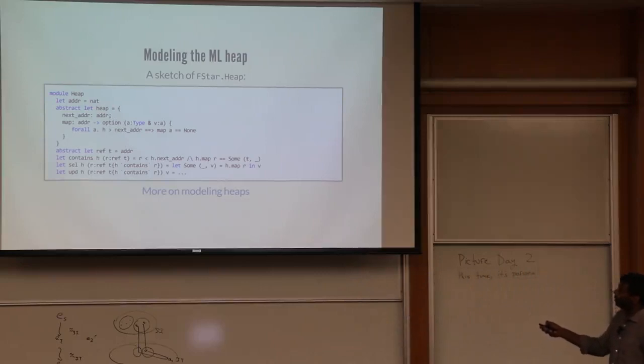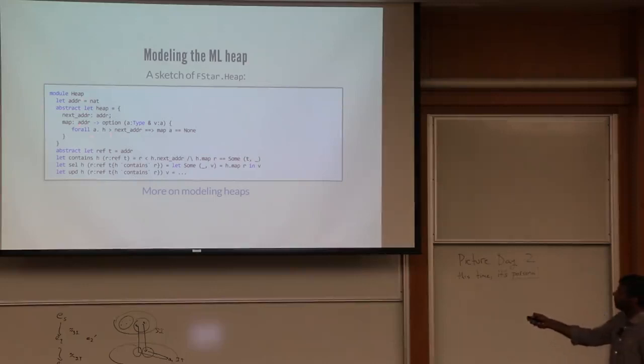The heap is going to be an abstract type, so clients can't see its representation, but this module is going to give you some facts about it. The heap has two components. It has a next address, which is the next address at which you're going to allocate, and it has a map that stores the contents of the heap.